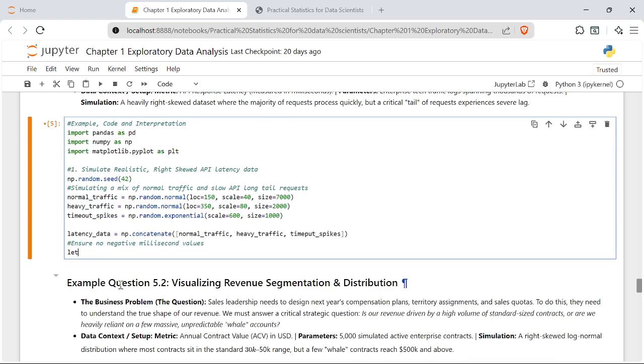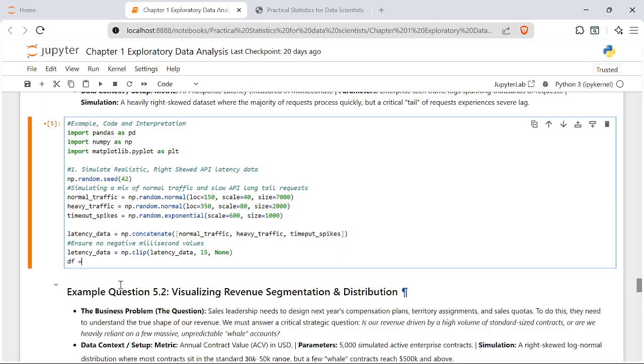Latency_data equals np.clip(latency_data, 15, None). df equals pd.DataFrame, API latency milliseconds, latency_data.